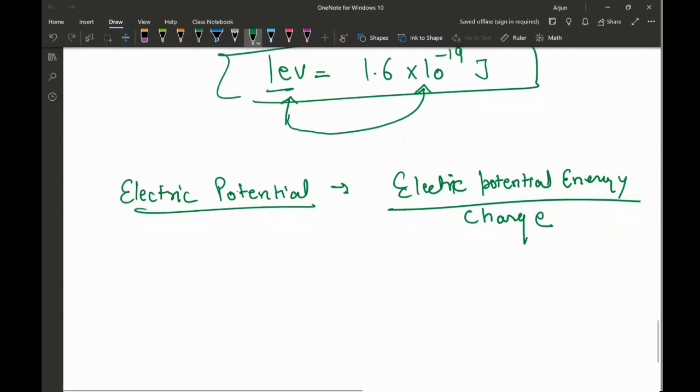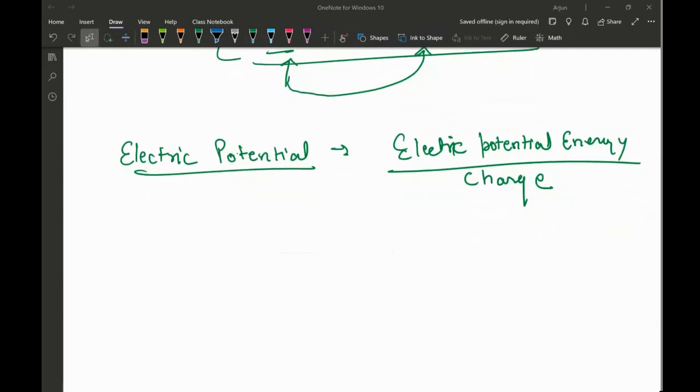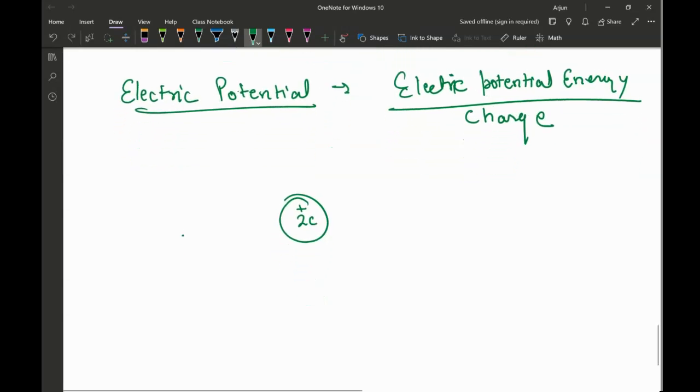Now I'm going to try and help you understand this with the help of a diagram. Let's say this is a sphere which has positive 2 coulombs of charge on it. I want to find the electric potential.